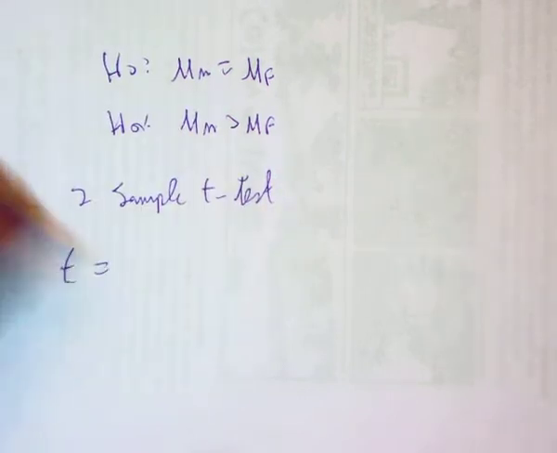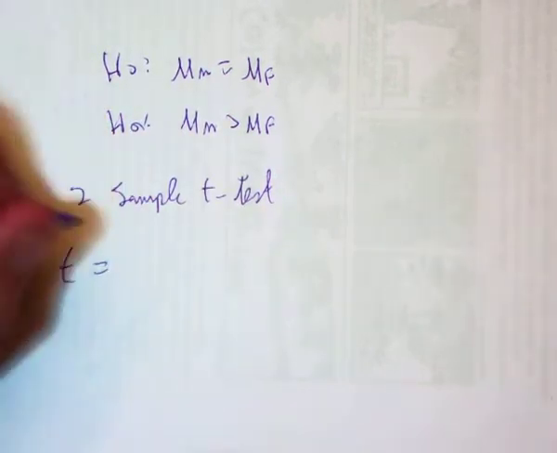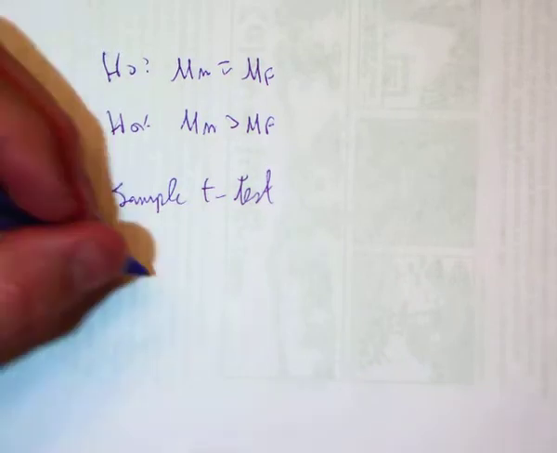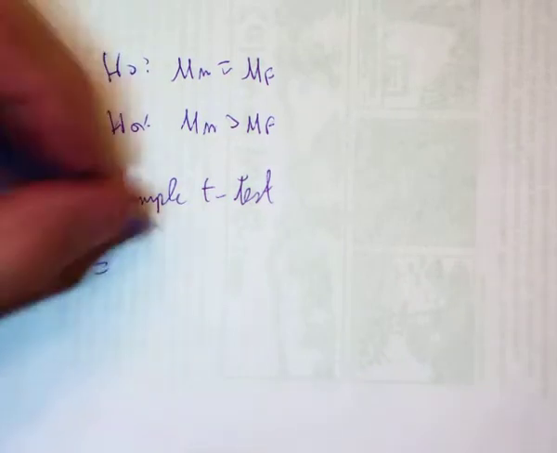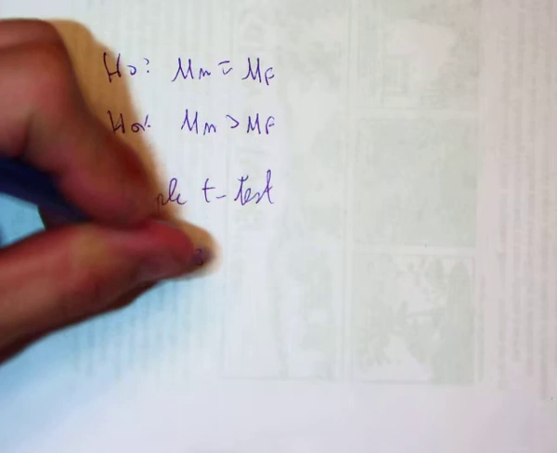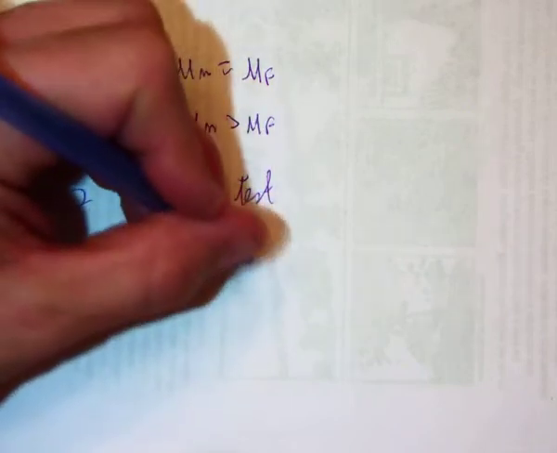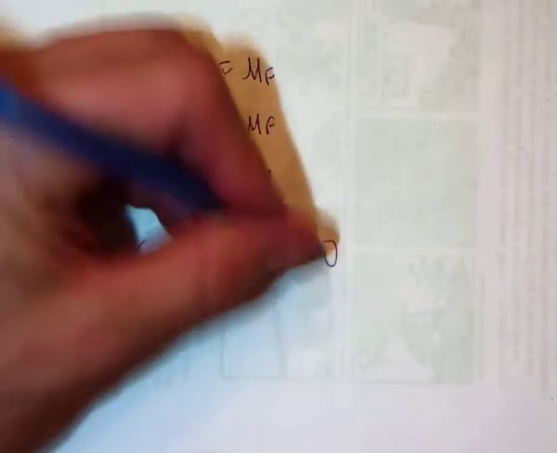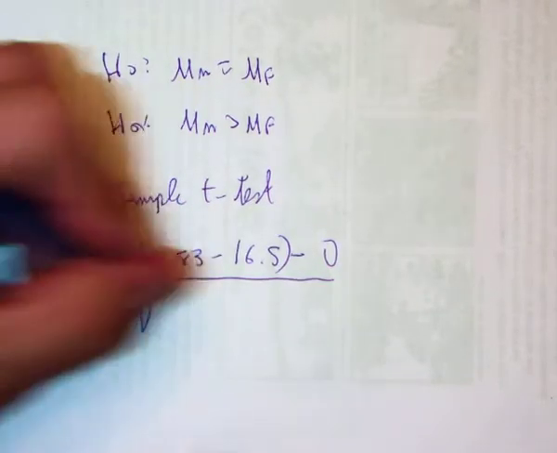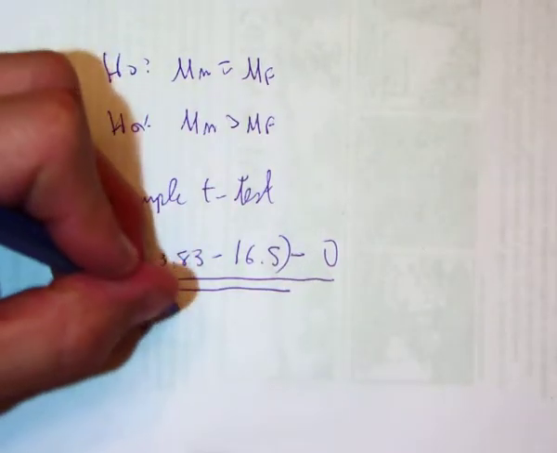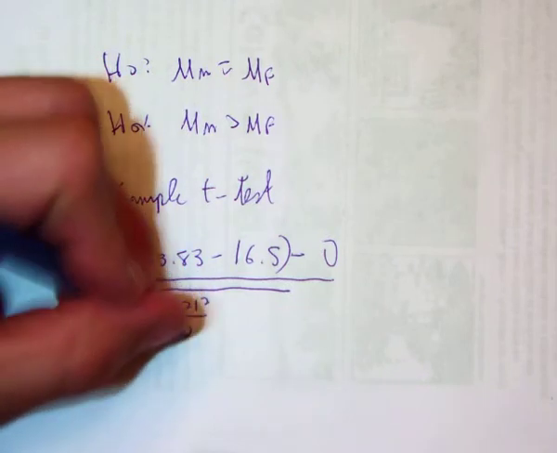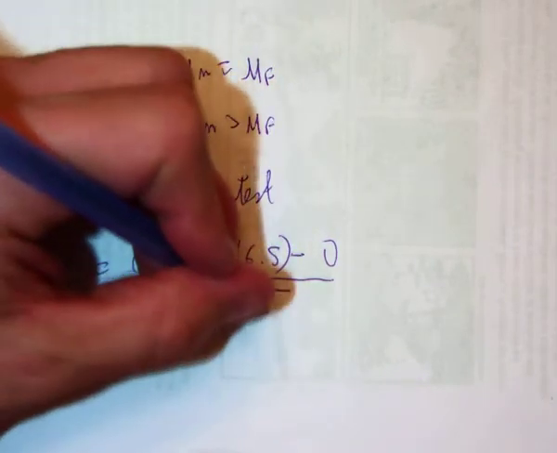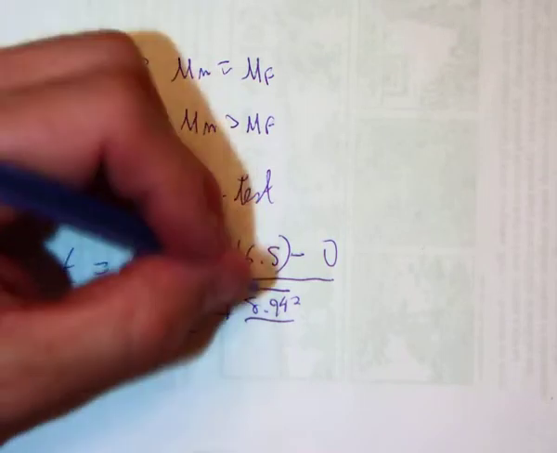My t-value would be the mean of the males, which is 23.83, minus the mean of the females, minus my hypothesized difference, which would be 0, over, now I got to add the variances again, 7.21 squared over 12 plus 8.94 squared over 12.